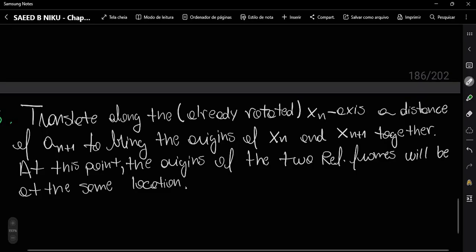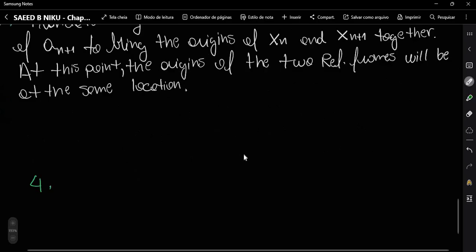So let's verify this. We are doing a translation along the already rotated xn axis a distance of an plus 1 to bring the origins together.